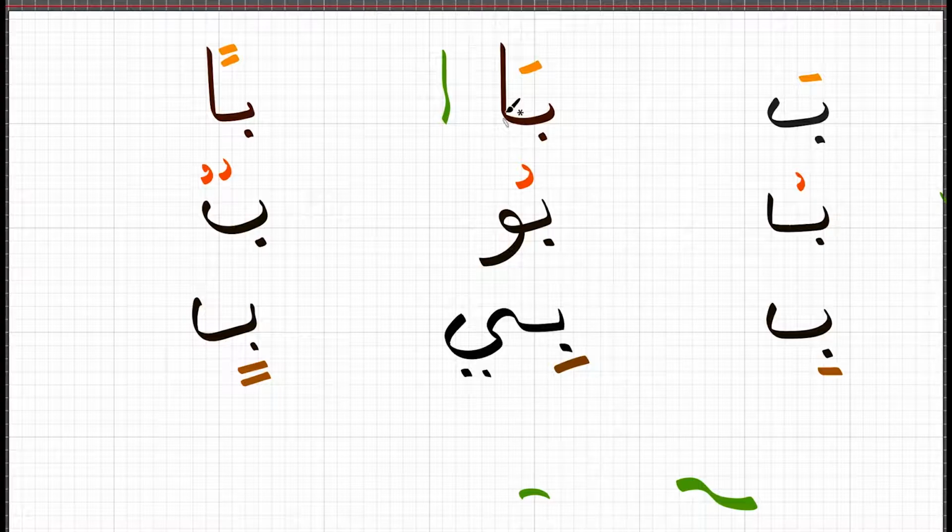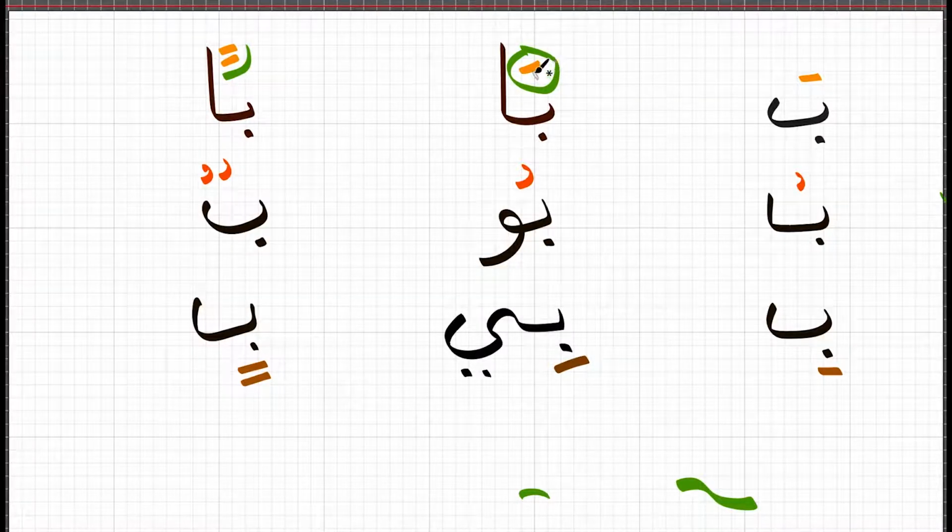Now, what about these two signs here? These are called fathatan, which means two fatha. When it's only one, it is called fatha.